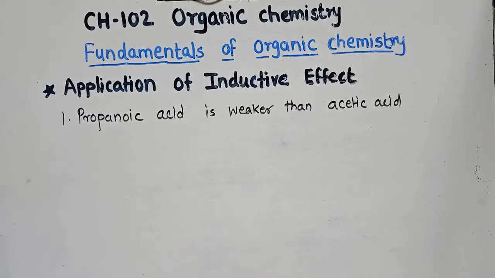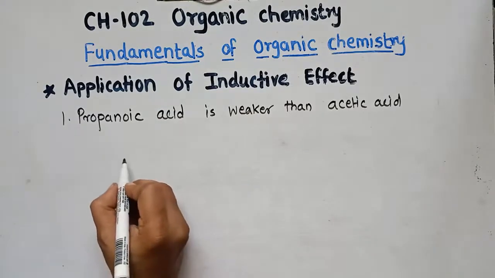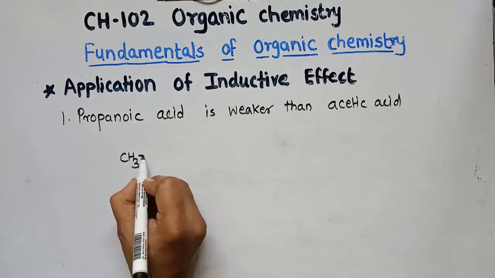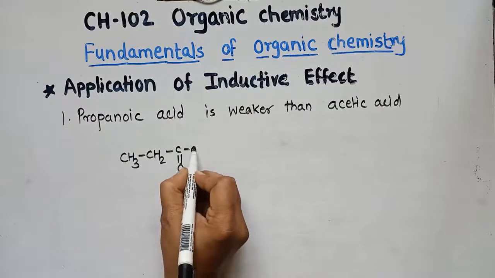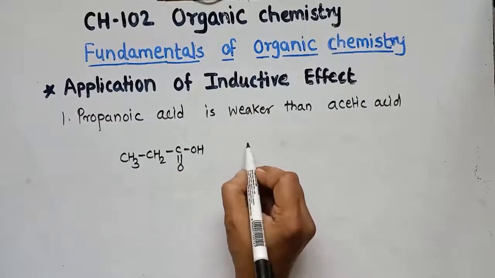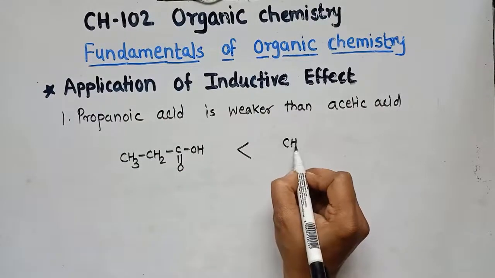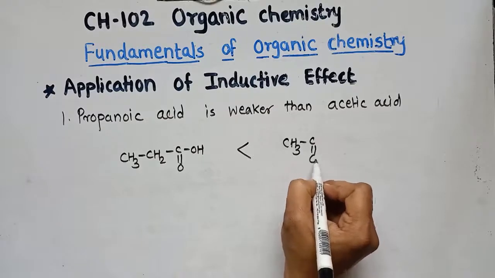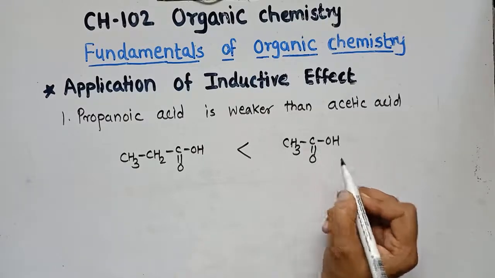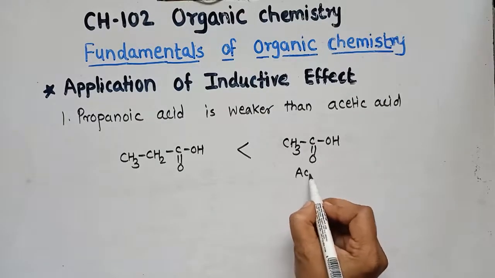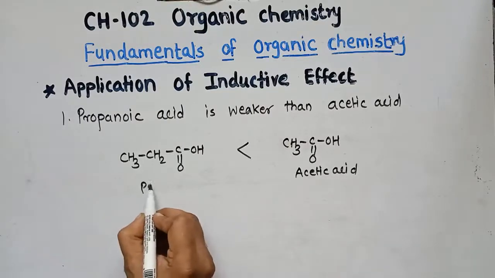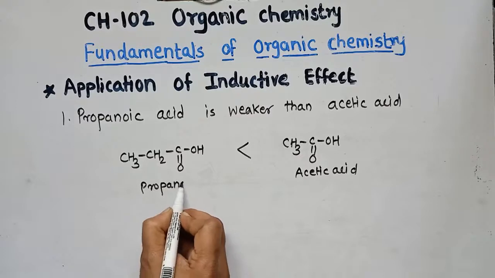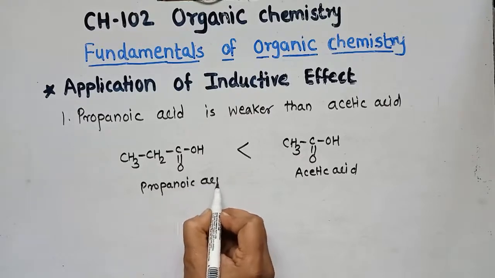First we must know the structure of these compounds. Propanoic acid contains 3 carbon atoms and COOH as a functional group, and acetic acid is very familiar. So this is the structure of acetic acid, and this one is propanoic acid.